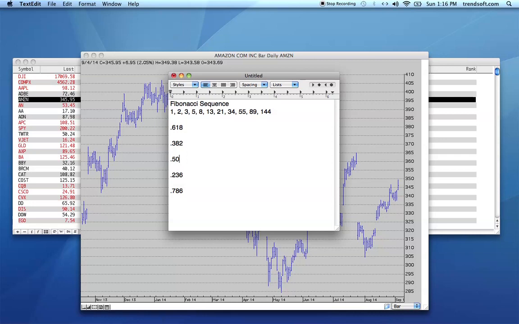So the next thing that they came up with was that each of these numbers, and Fibonacci actually noticed this himself, each of these numbers happens to be 1.618 times greater than the previous number. So 144 is 1.618 times 89. So we look at that as one potential for where a breakout might go.